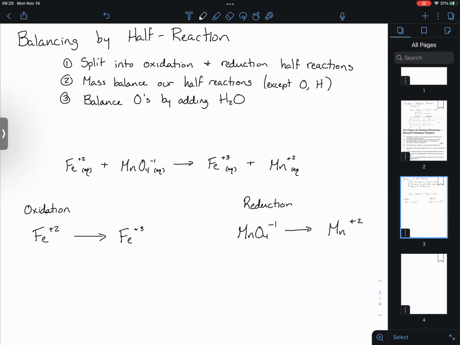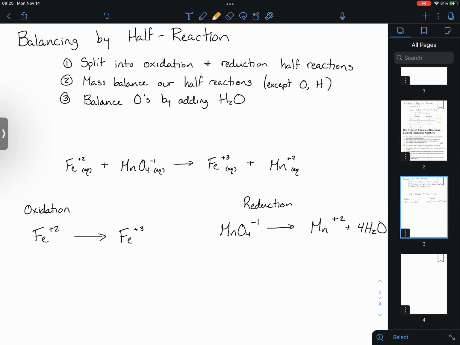In the case of this one over here, I don't have to worry about it because I don't have any oxygens. But in this one over here, my reduction reaction, I have an imbalance from the left and the right. So I'm going to add 4 waters over here, and I'm adding 4 of them because I'm trying to balance these 4 oxygens.